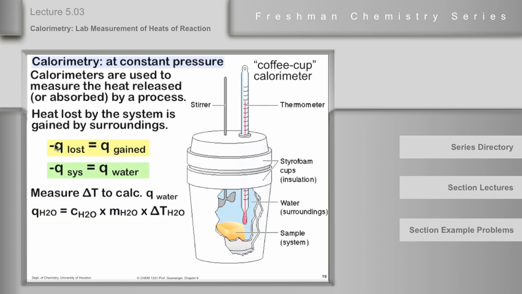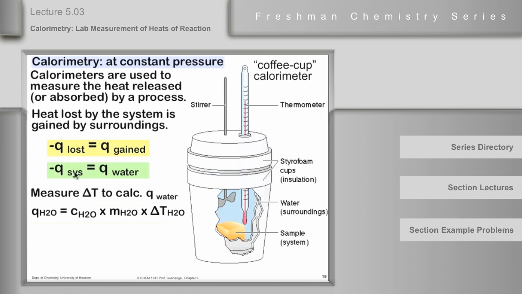And the last thing I want to remind you is the Q of the system, whatever the system is. If it's a physical object, it's Q of the object, or if it's a chemical reaction, it's the reactants and the products of the chemical reaction. Minus Q of the system equals Q of the water. In a simple calorimeter like this, we're assuming that the water absorbs all of the heat that's lost by either a physical or chemical process.